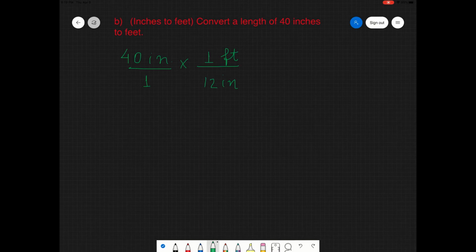Doing this multiplication will not change the quantity, it will only change the kind of units we present it in. So inches cancel inches, and multiplying this, we're going to have 40 feet in the numerator divided by 12. So 40 feet divided by 12 is approximately 3.33.